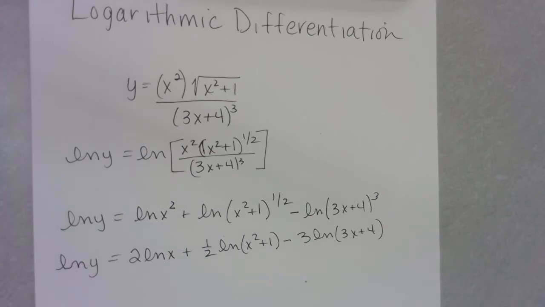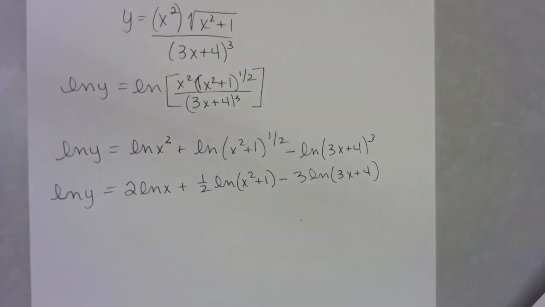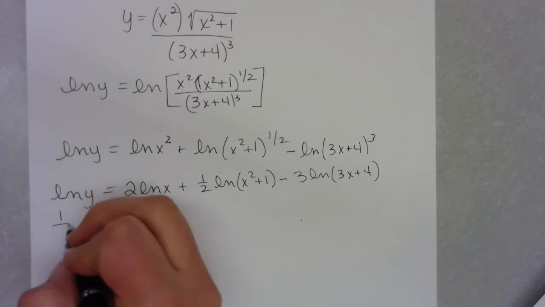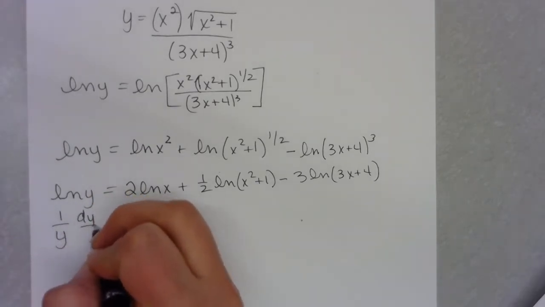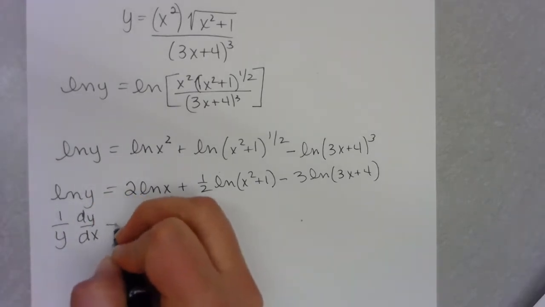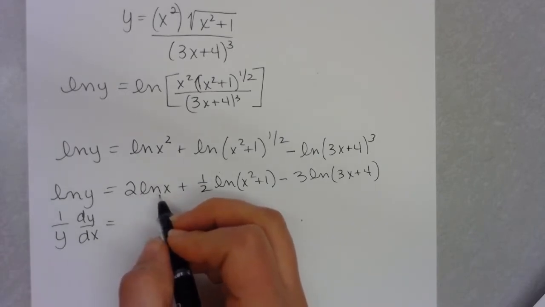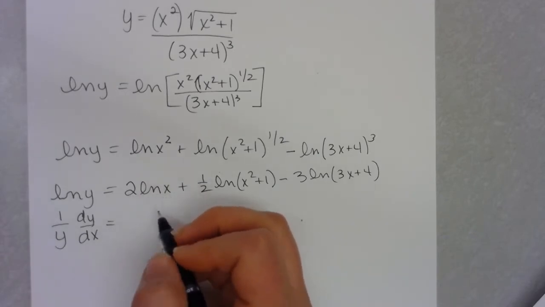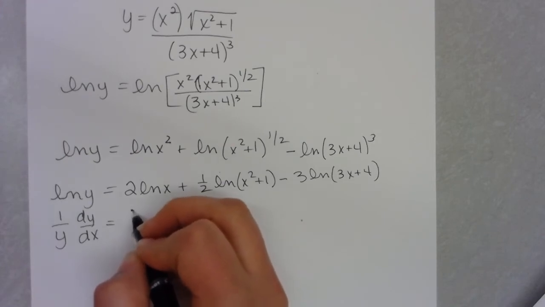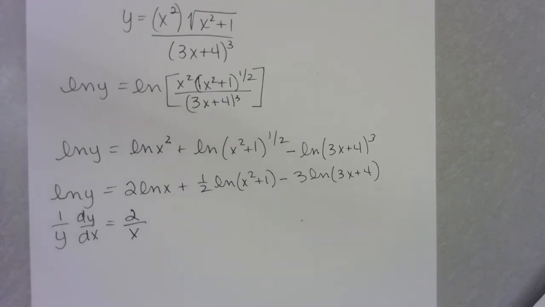Now I can apply the derivative to both sides. Now when I do that, I have natural log of y over here, so I'm going to have to use implicit differentiation. When I do the derivative of ln y, I get 1 over y dy/dx. Now the rest, these are all in x, so we can just do the derivative. So 2 times natural log of x: the derivative of natural log of x is 1 over x, so that's 2 over x.